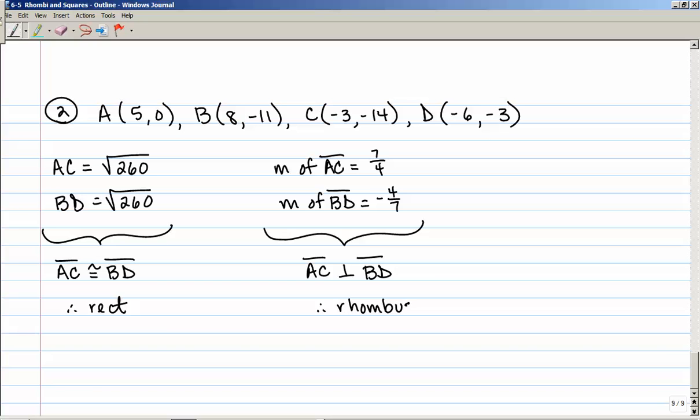Because in order for it to be a rhombus, the diagonals have to be perpendicular. Since it is both a rectangle and a rhombus, therefore, it is a square. And that's my final answer. Since the diagonals of this parallelogram are both congruent to each other and perpendicular, this parallelogram is a square.